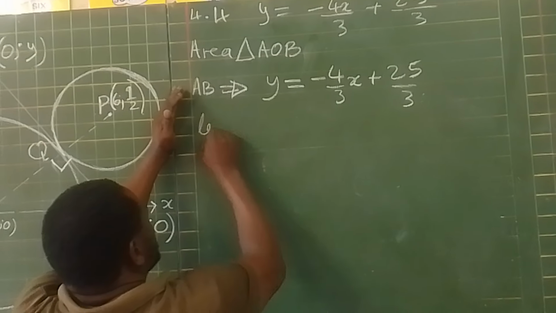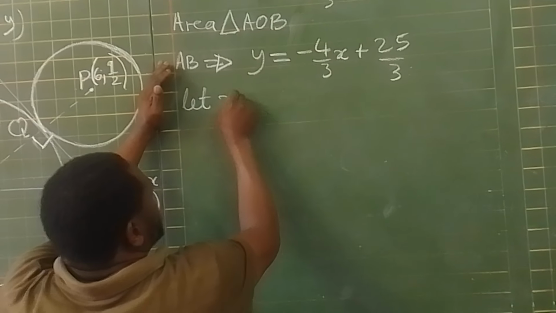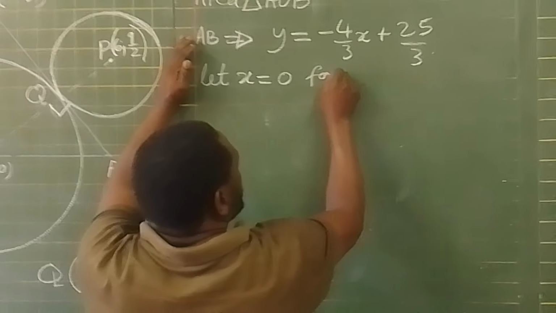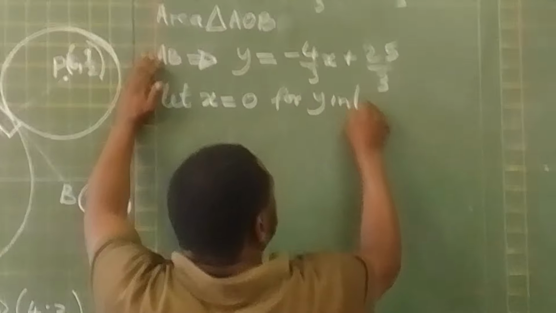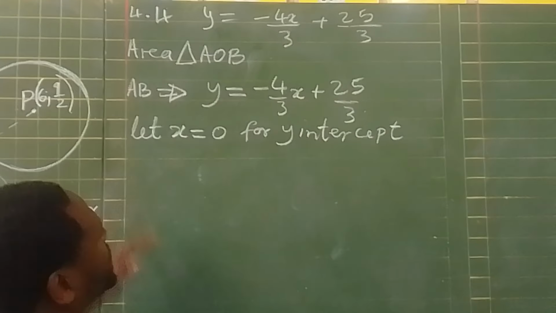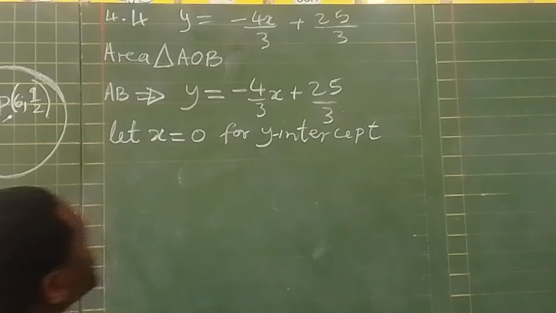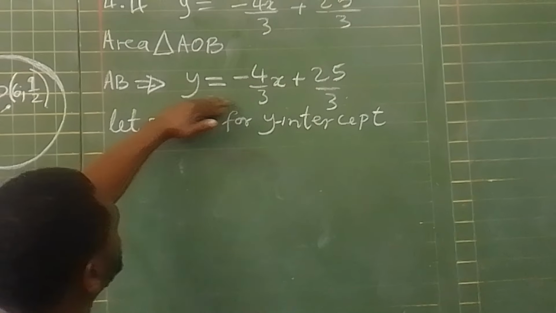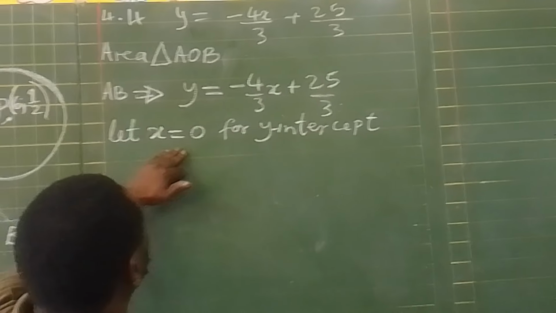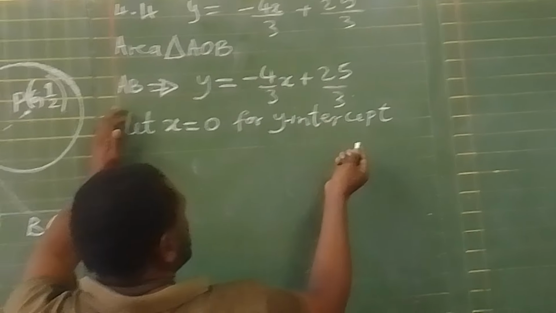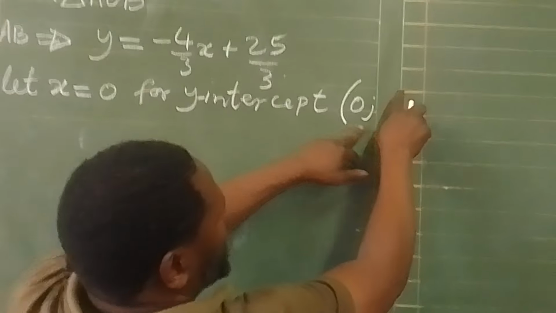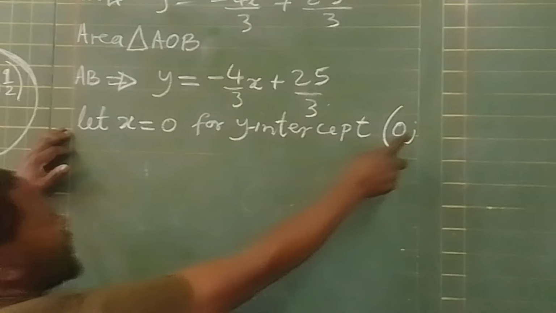Let x equal 0 for the y-intercept. So we have to set x as 0 to find y. The value that you find there, you put it there.